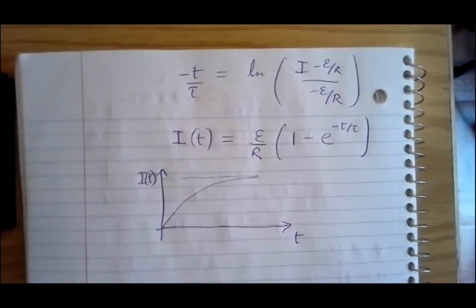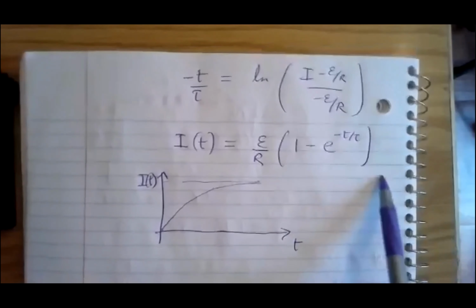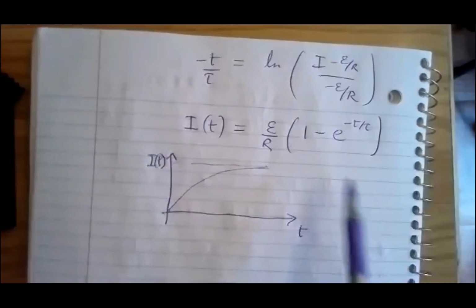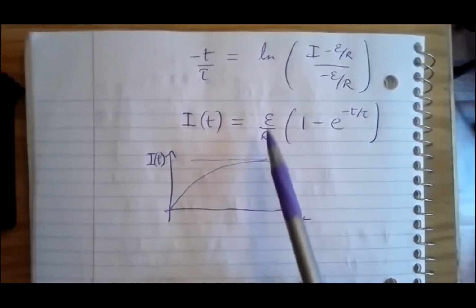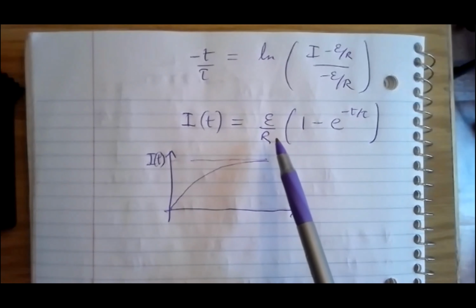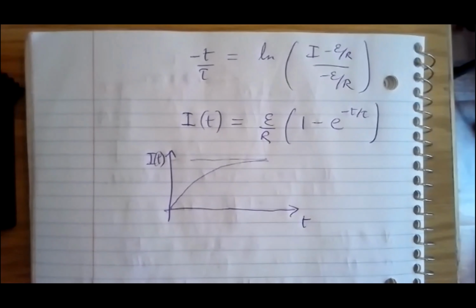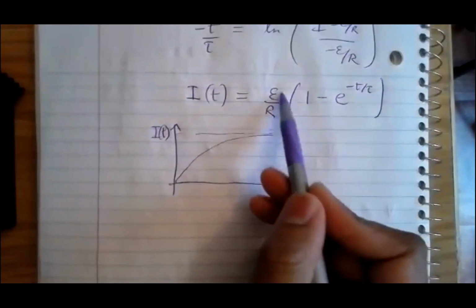All right. Now, remember one word of caution: this was just for the simplest possible RL circuit. So it's not always going to be E over R out here. Just like for the RC circuit, the capacitor doesn't always charge up to the voltage of the battery. It's whatever voltage you can get, which is not necessarily the full voltage of the battery. So similarly here, it might not be the full voltage of the battery.